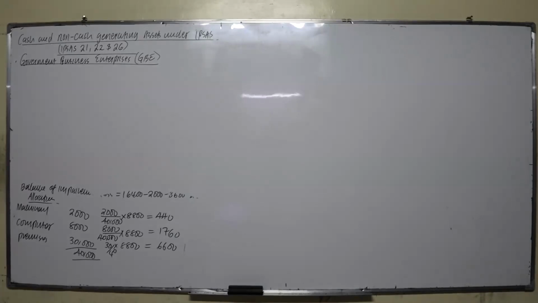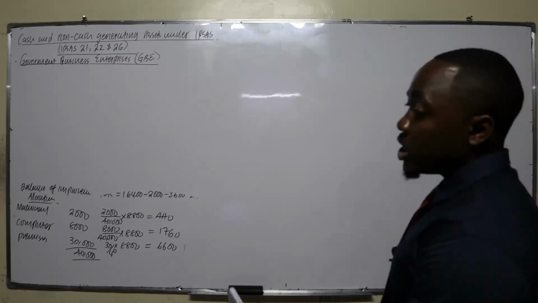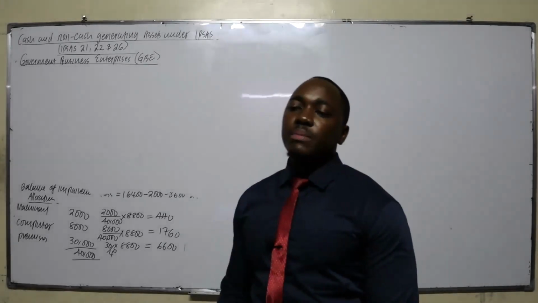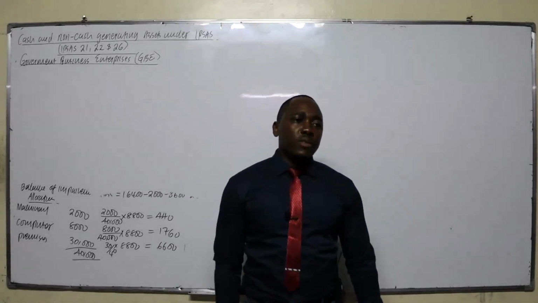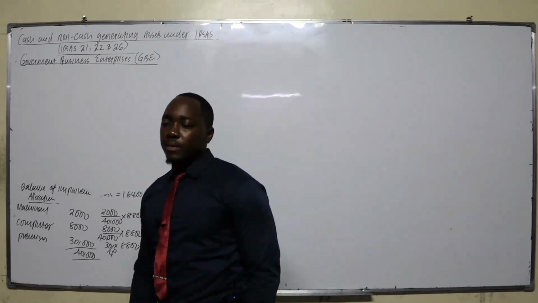Mostly they are government entities, such as KEMSA, NHIF, NSSF, Kenya Power, KRA, all of those. Now let's look at the characteristics of a GBE. What are some of the characteristics of a government business enterprise?